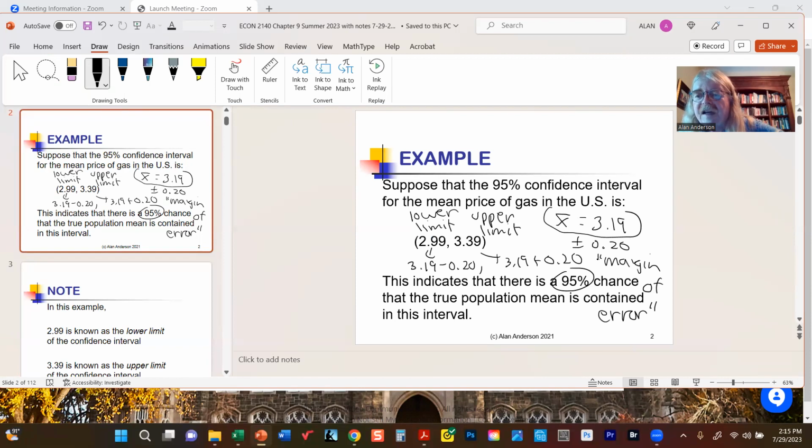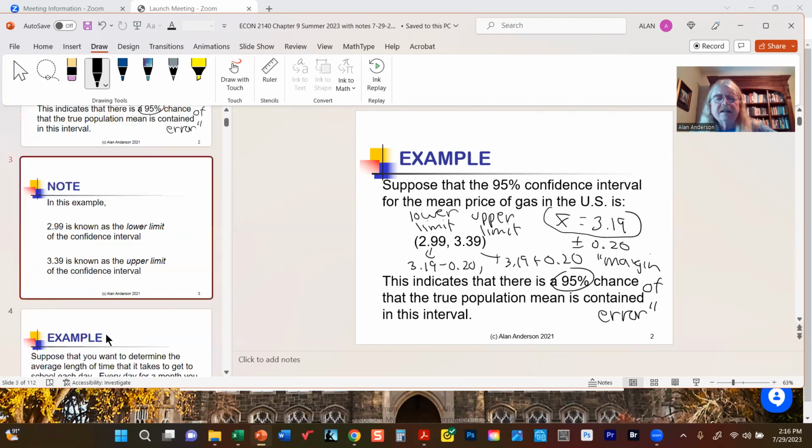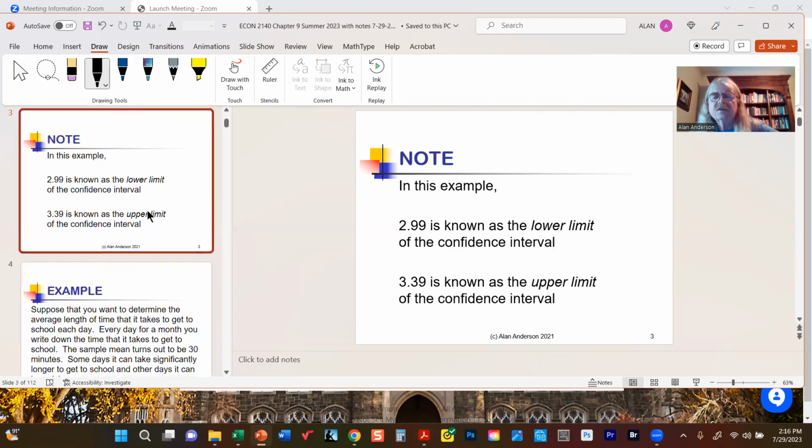Now, we still don't know that for a fact. It's still possible that it's a little higher than $3.39 or a little lower than $2.99, but the probability of that happening is extremely small. So again, the lower limit is the $2.99. The upper limit is the $3.39. So this is a typical confidence interval that we will construct for a population mean.